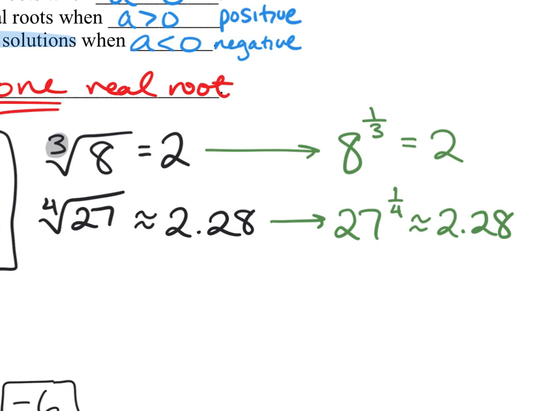Is it an even or an odd index? Even. Is that number positive or negative? Positive. When it was an even index with a positive number, what did we have to put in front of the answer? Plus or minus. So slide in a plus or minus right there. We have to include that in our answers when it's an even index with a positive number. That's the plus or minus symbol.